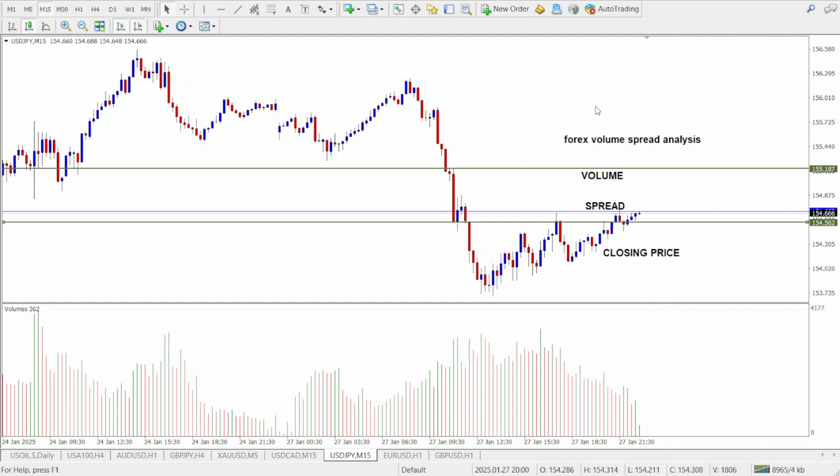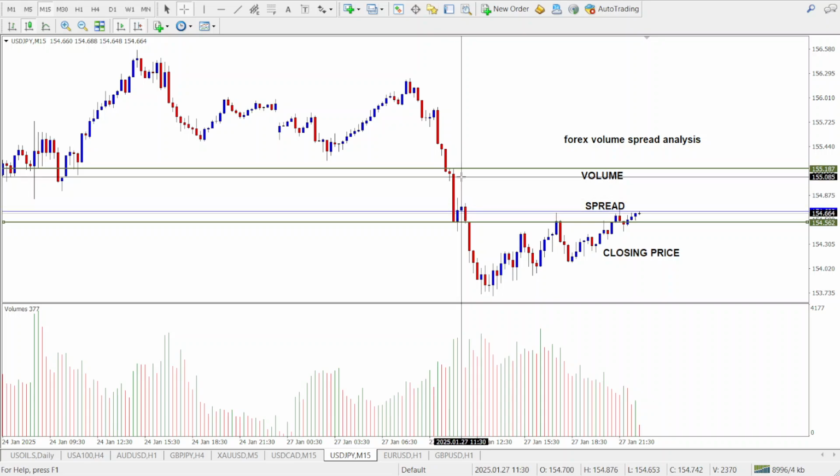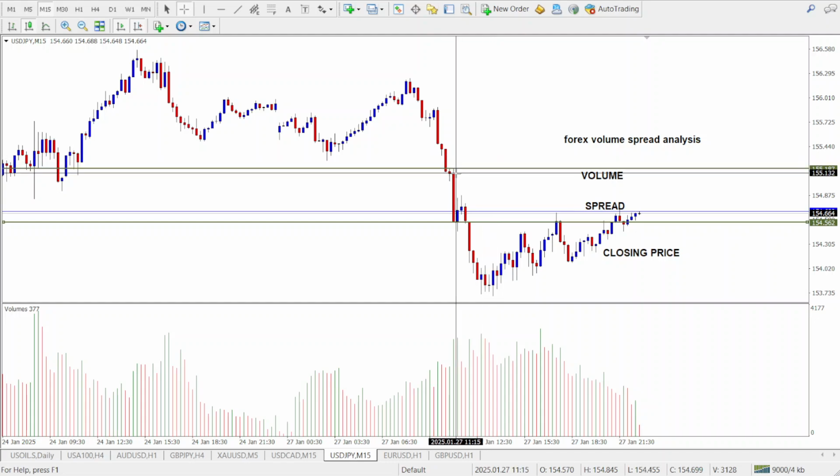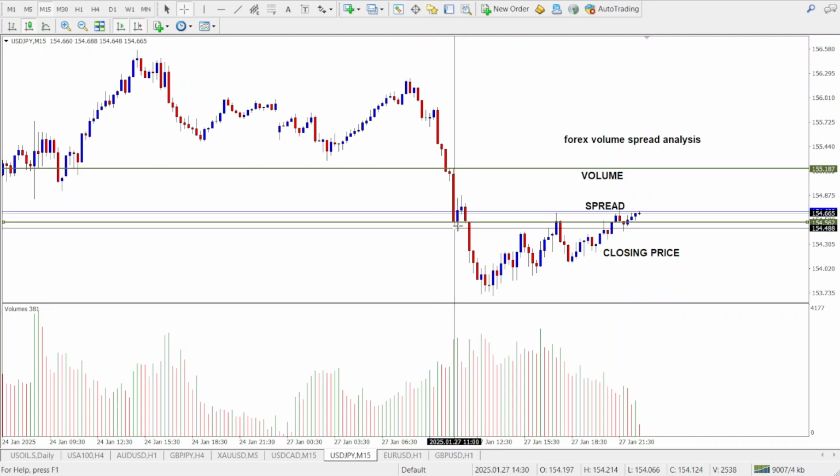Now, if you see a wide spread and you notice a high volume, you can see around here we had quite a spike compared to what we had here, and its closing price is near the bottom.